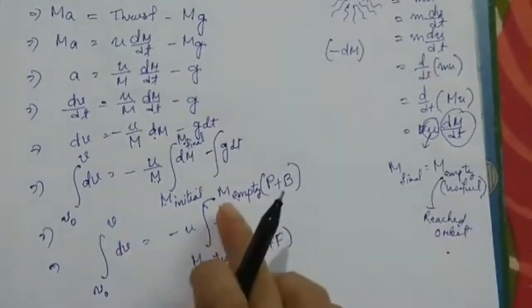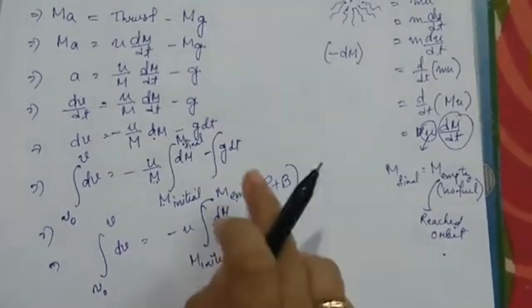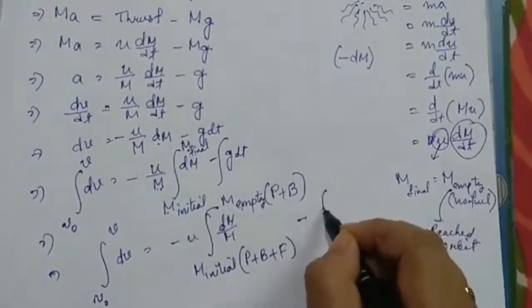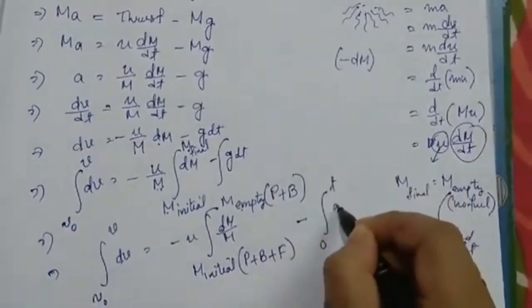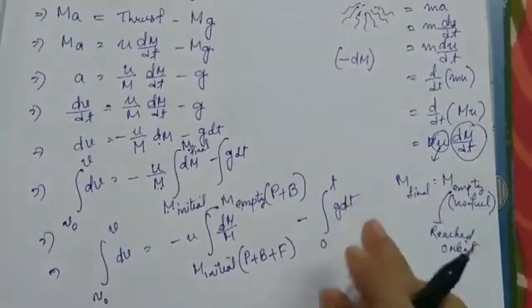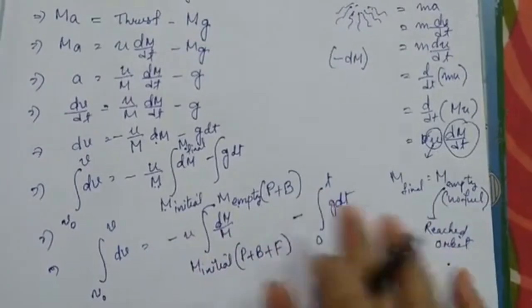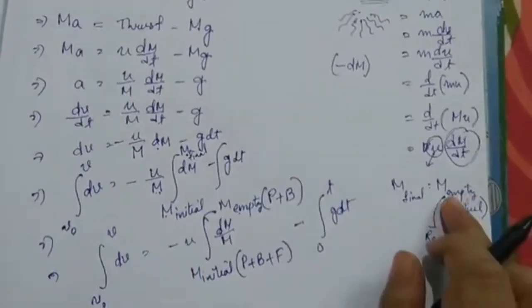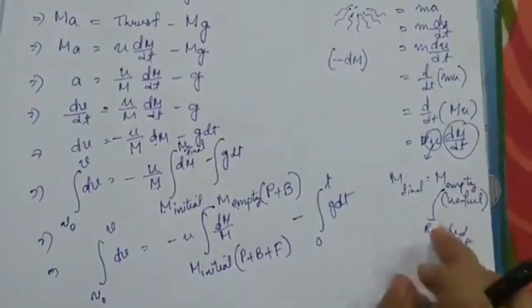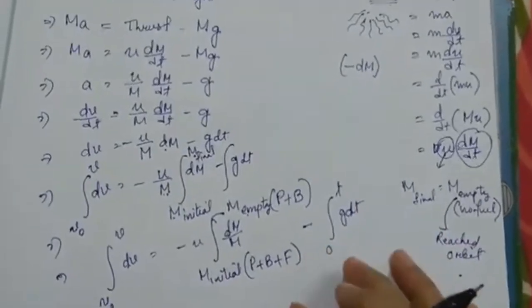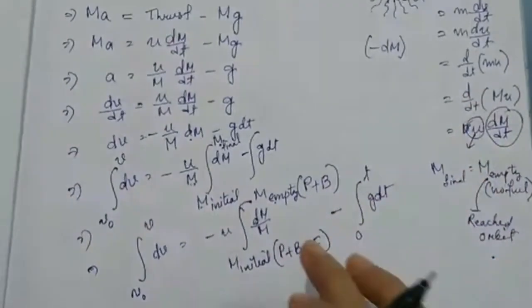Here you are considering a time t, so 0 to t for dt. Suppose that the rocket has not yet reached the orbit. Then also you can call it empty because most of the fuel has already been emptied. While it is moving, the fuel keeps reducing.